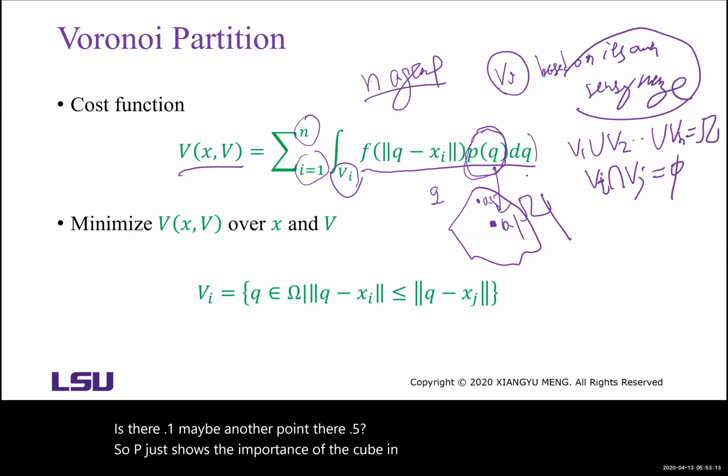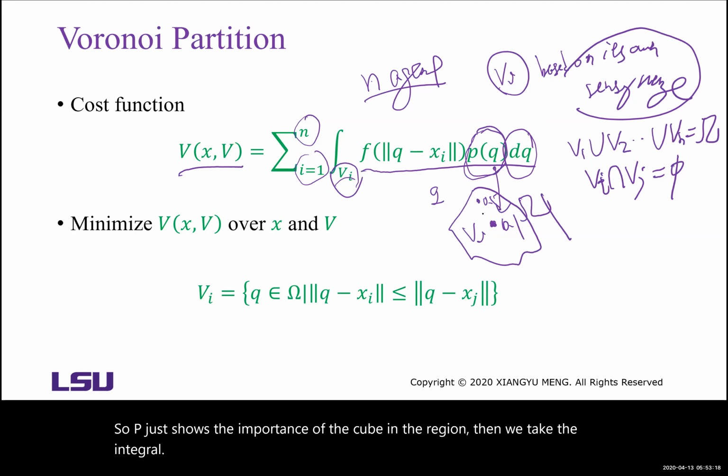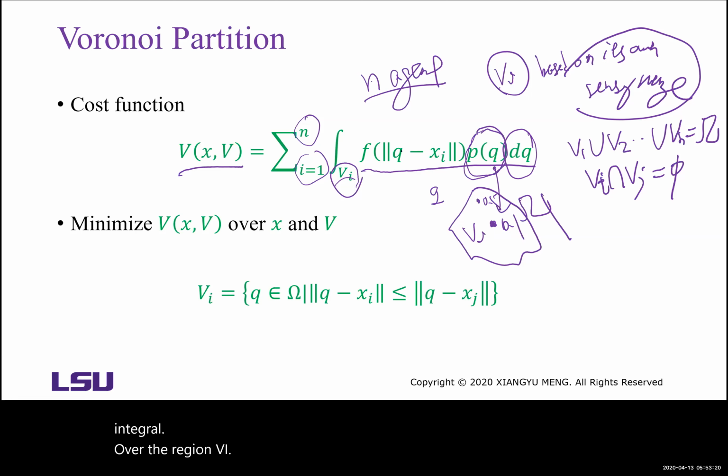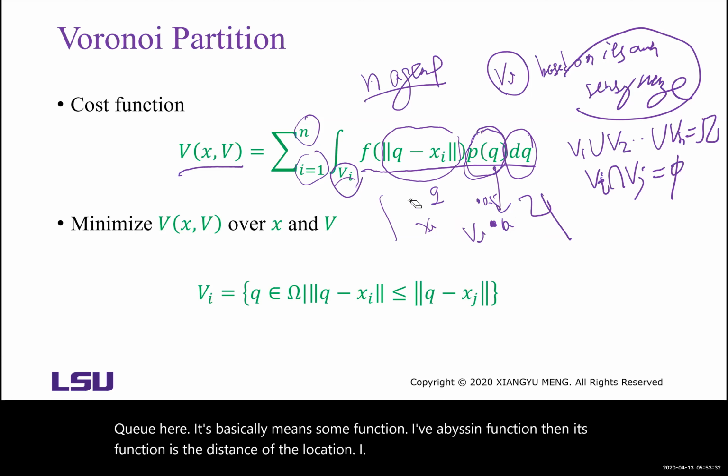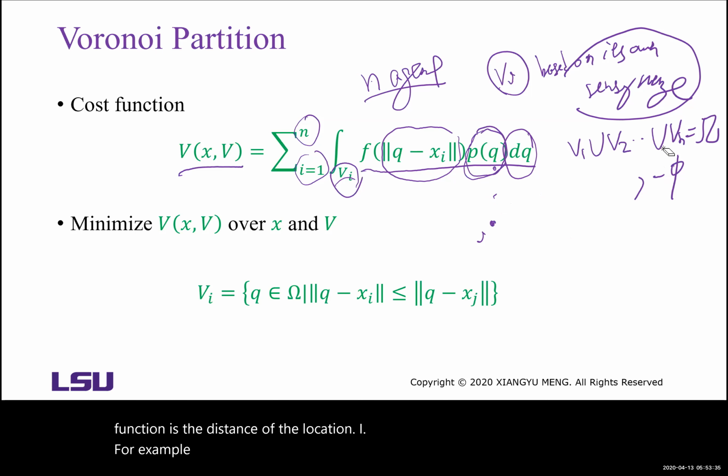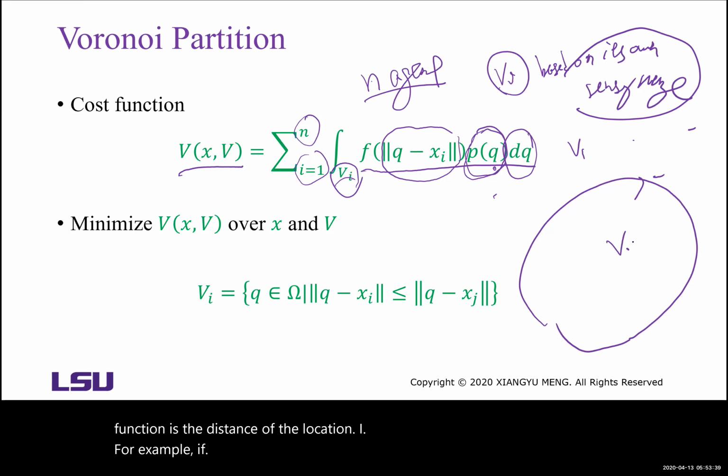Then we take the integral over the region Vi. Here f is some function of the distance to the location xi. For example, if this is the region Vi, then we have a point xi.